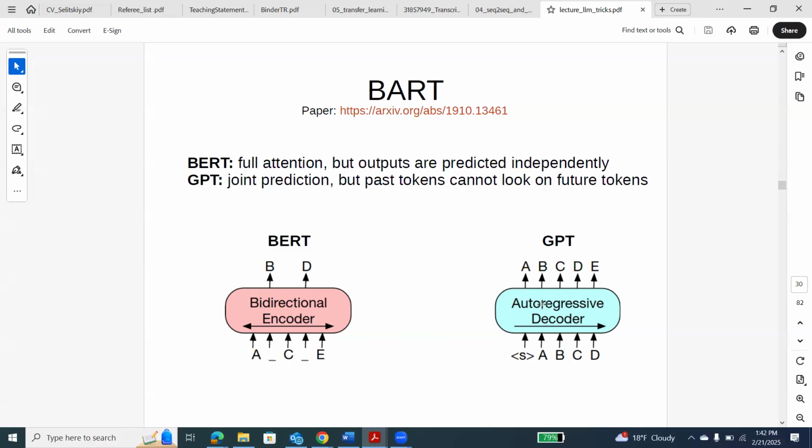The other modification of BERT was to use encoder and decoder, because in transformer we have encoder and decoder, and this model was called BART model. So in BART model, by the way, because we don't have any more next sentence prediction task, instead of classifier token, CLS, they use this start token.